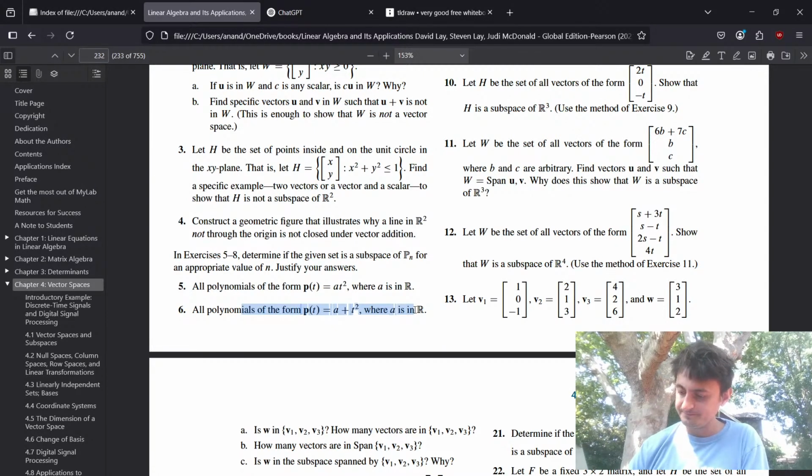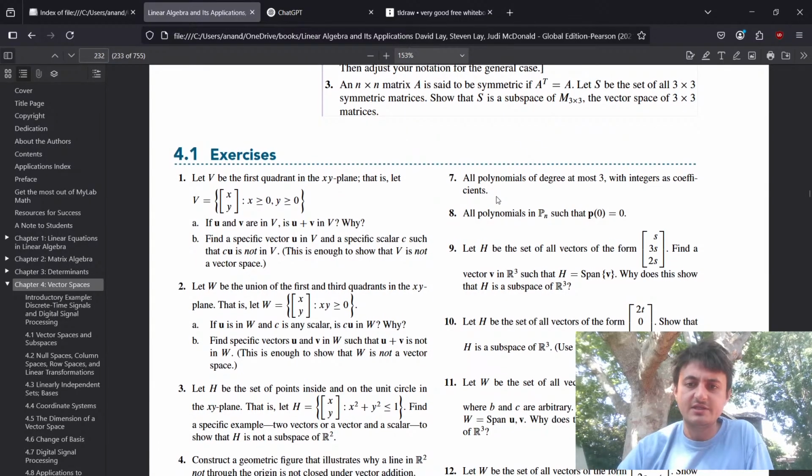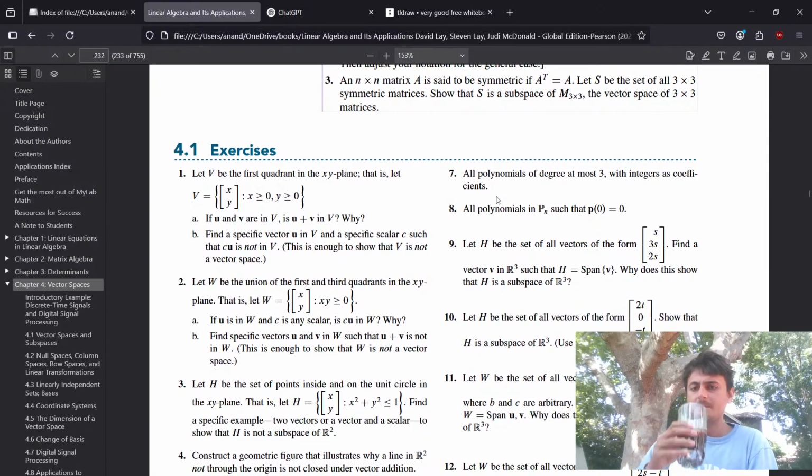Cool, that was fun. All polynomials of degree at most 3 with integer coefficients. No, that's not a subspace. If you had rational coefficients and your scalar field was the rationals, then I think it would be a subspace, but I don't think that this is.